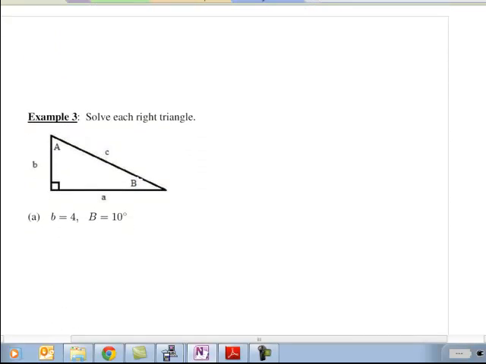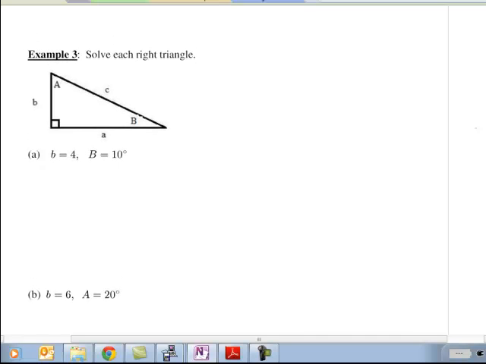Okay, so back to solving some right triangles. When we say solve a right triangle, that just means find all the sides and all the angles. So for this one we've got one angle B is 10 degrees.